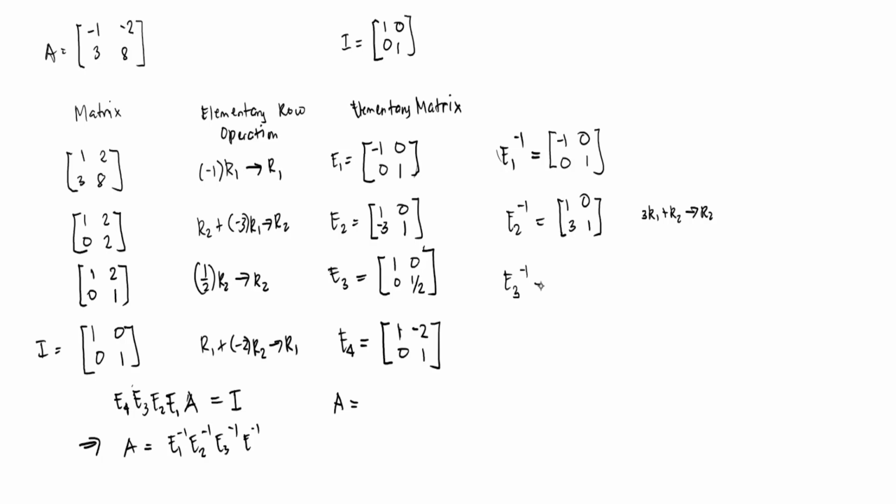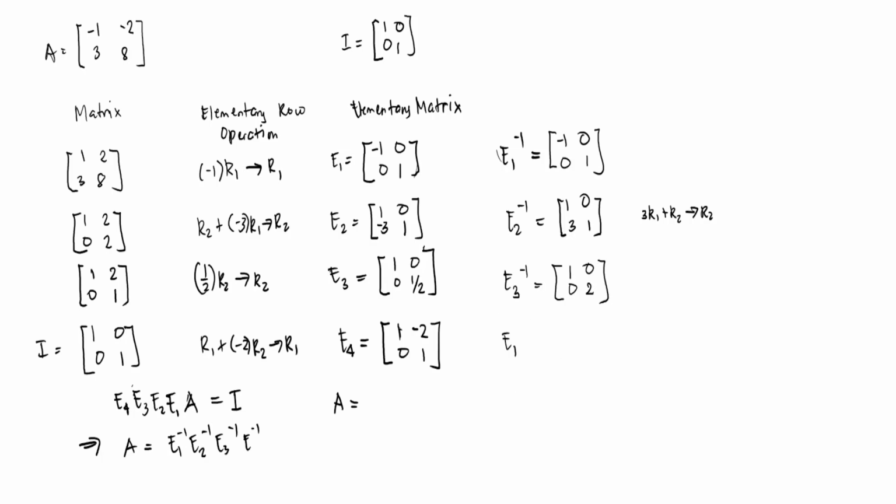We'll do the same for the inverse of E sub 3. To convert this back to the identity matrix, we multiply row 2 by positive 2. So we apply that elementary row operation to the identity matrix, and we will get that one as the inverse of E sub 3.